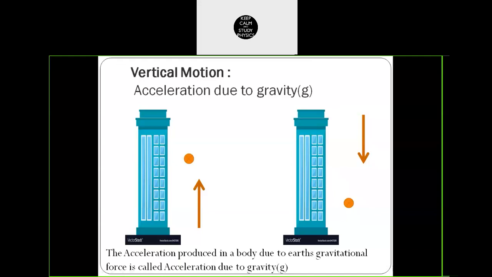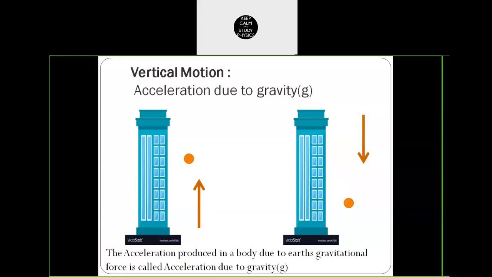Is it constant or not? Some people are saying yes, some are saying no. Okay, let me help you. Actually, the acceleration due to gravity is not a constant one.